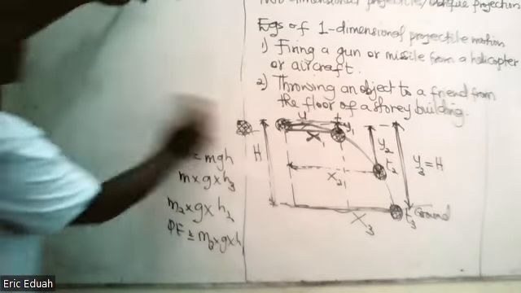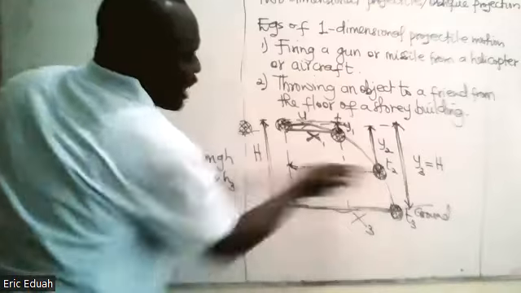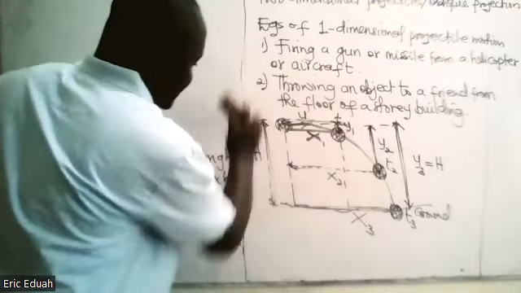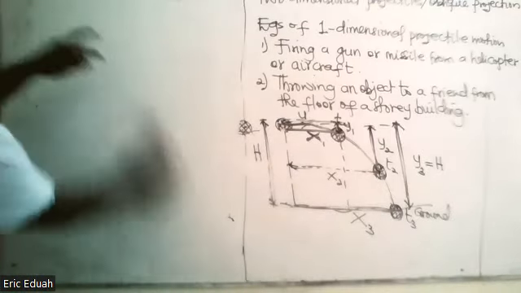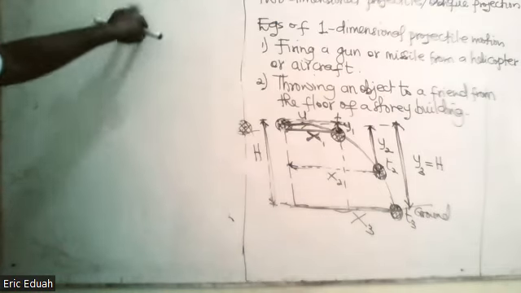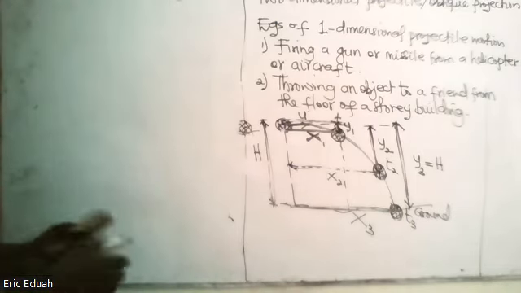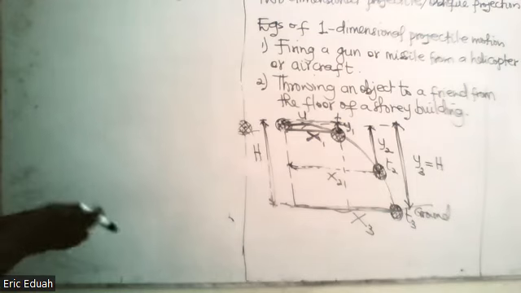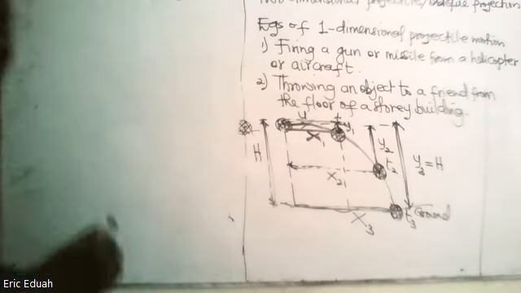So when we are looking at the horizontal analysis, X1, X2, X3, horizontally, air resistance is neglected. Effect of gravity horizontally is non-existent.